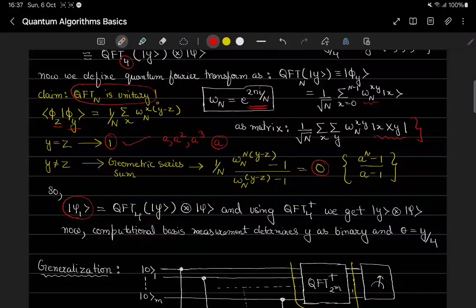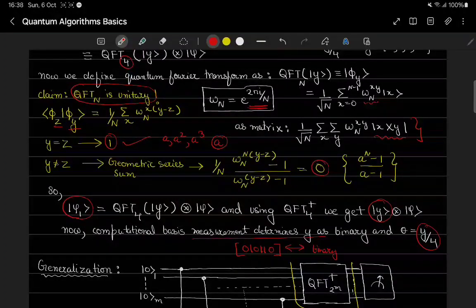Now the computational basis measurement: you can just measure y in the computational basis to determine what the value is, and theta is simply y by 4. One thing to note is that when you do the computational basis measurement, you will get a bunch of zeros and ones. So this is the binary representation of y.